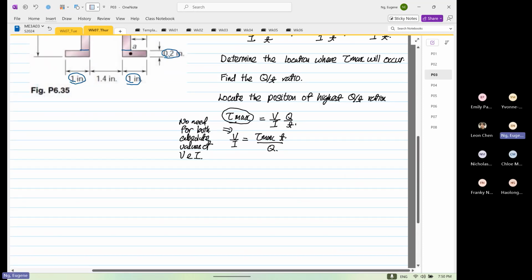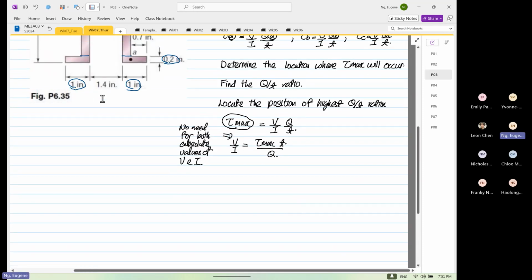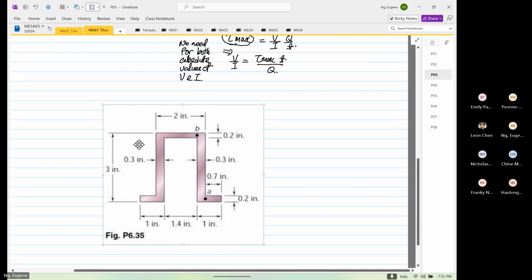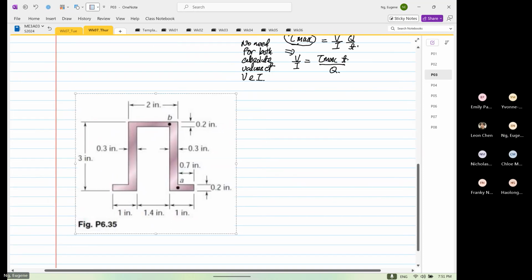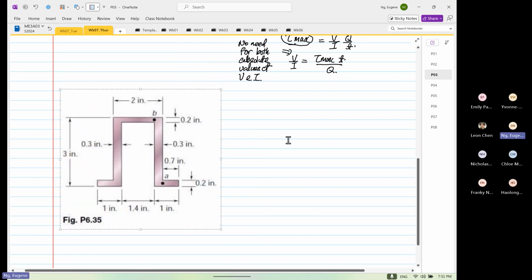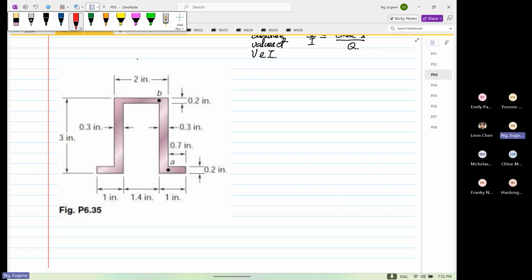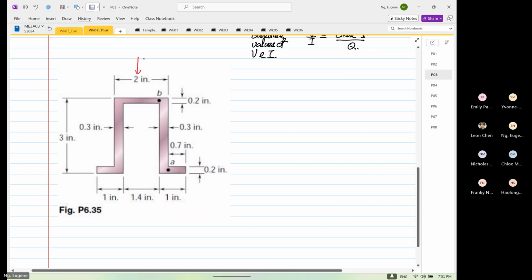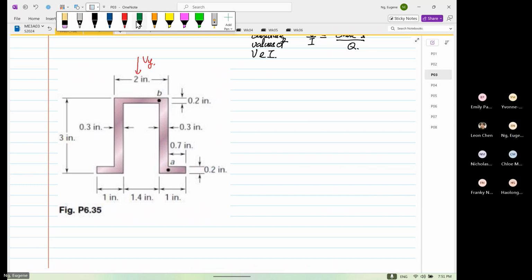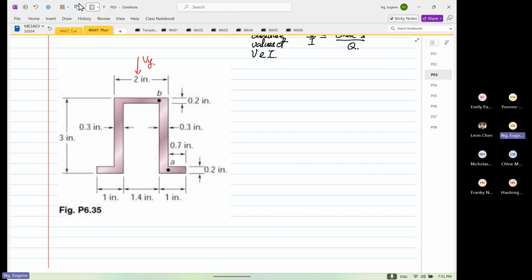So before we go on, now I'm going to take that same figure. Okay, so the first thing we're going to do, we are going to design our shear flow Q. Okay, so from here, this is our Vy, and then this is our geometric centroid.